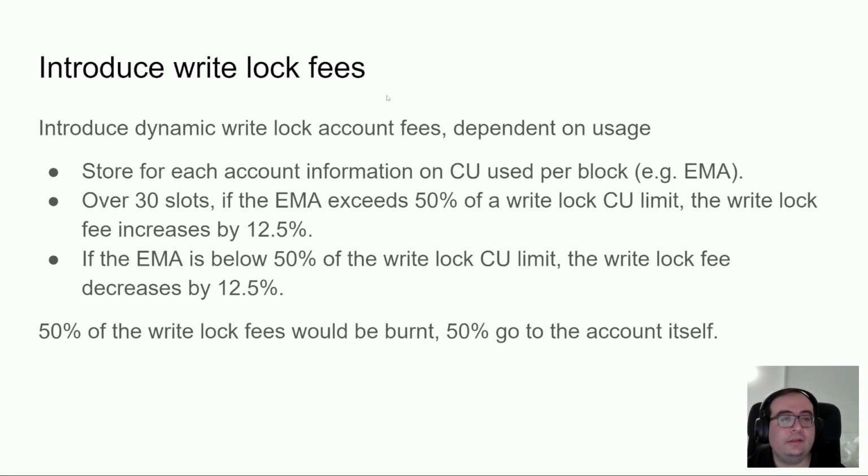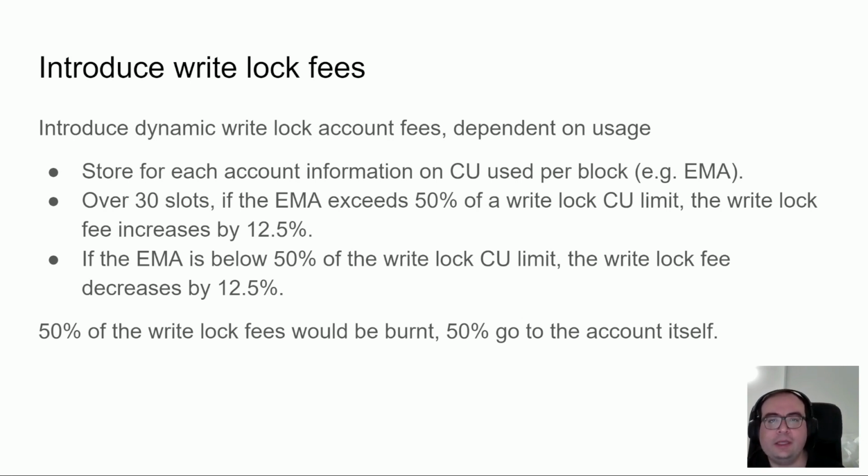And indeed, in this blog post, there is something like that, and it's called write lock fees, or dynamic write lock fees. So here you have a proposal, or anyway a research direction, to charge transactions depending on which accounts they want to touch. So now the localized fee market becomes explicit.